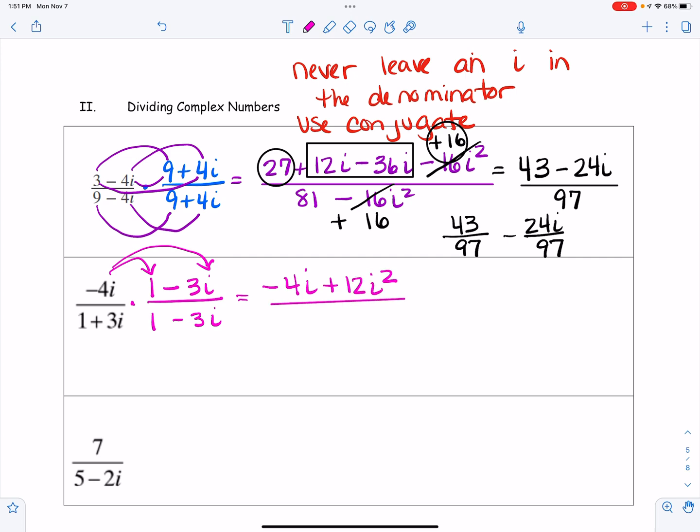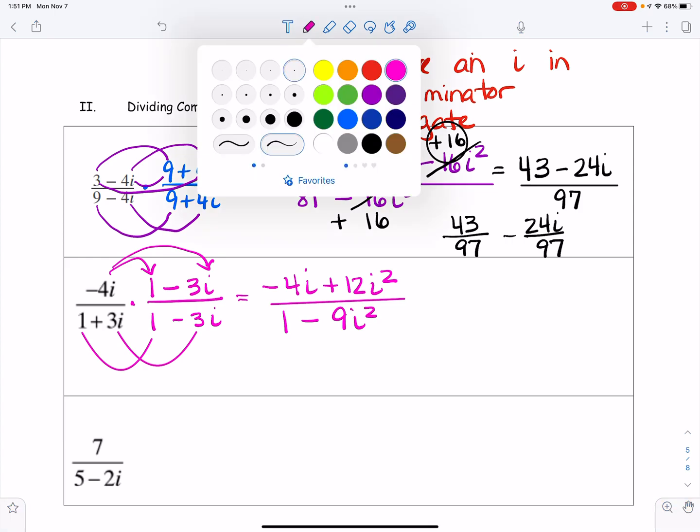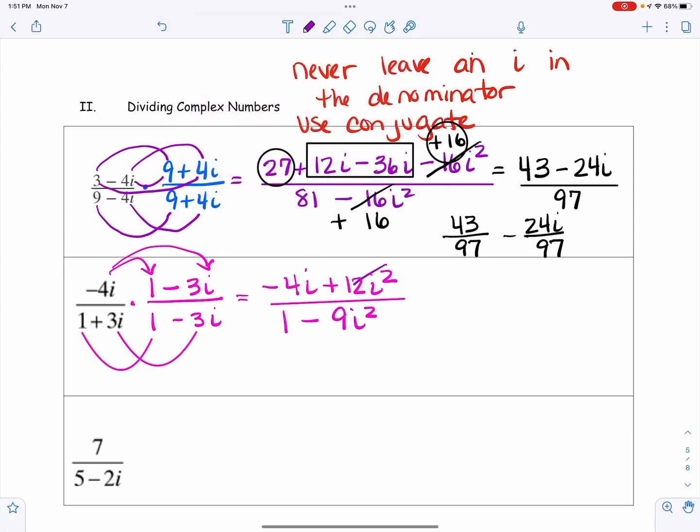And then on the bottom, I'm going to do first, 1 times 1 is 1, and last, negative 3i times positive 3i makes negative 9i squared. Then I am going to replace this with a negative 12, and replace this with a positive 9.